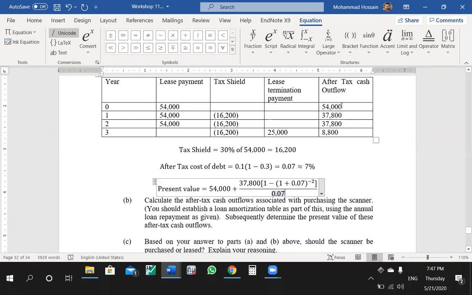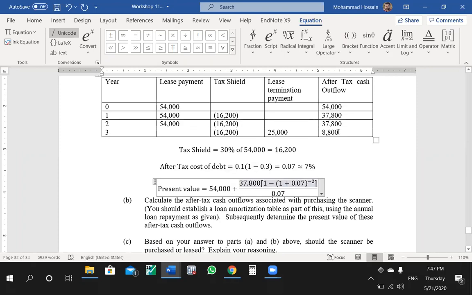Okay, so the first 54,000 is for the current year. You don't have to calculate present value for the present time. This is for the next 2 years, 1 and 2. The last one you could not add to the annuity because it's not the same figure.